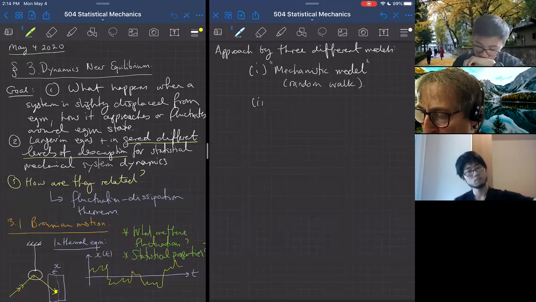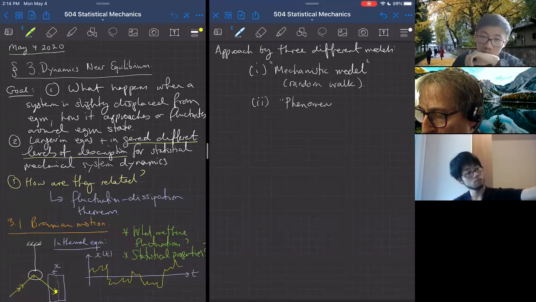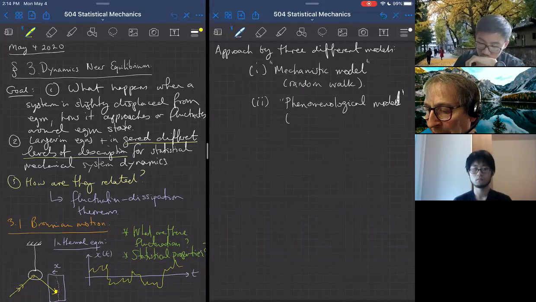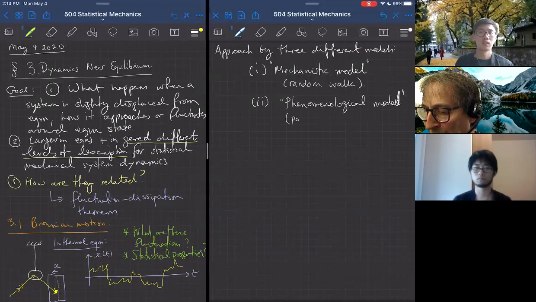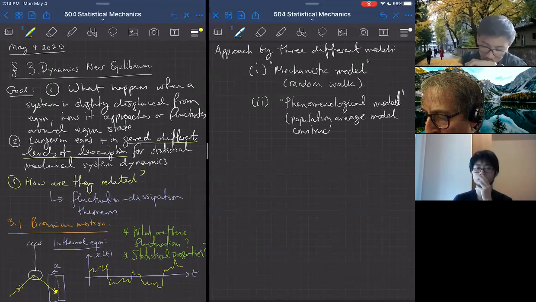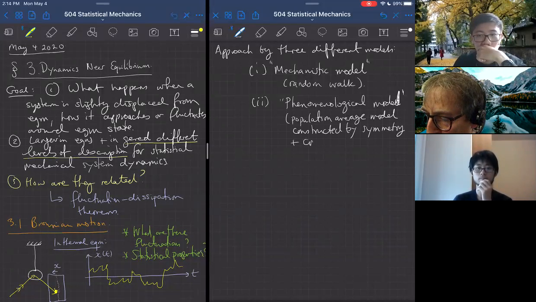Then we'll make a separate model, which I'll call a phenomenological model. And that model is a sort of population average model, which is constructed by symmetry and conservation laws.